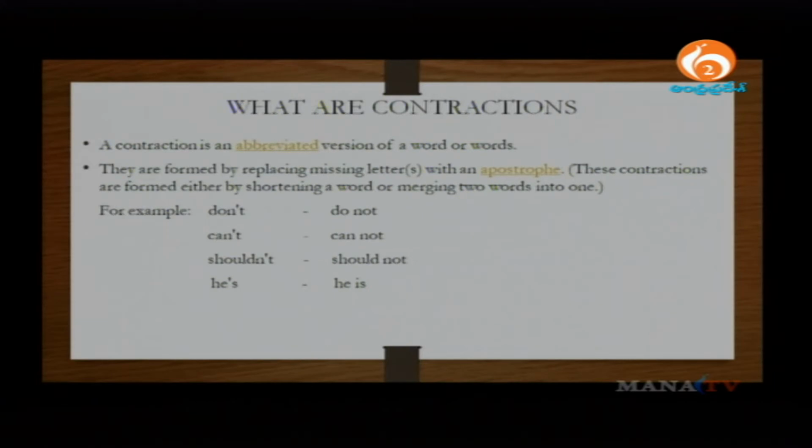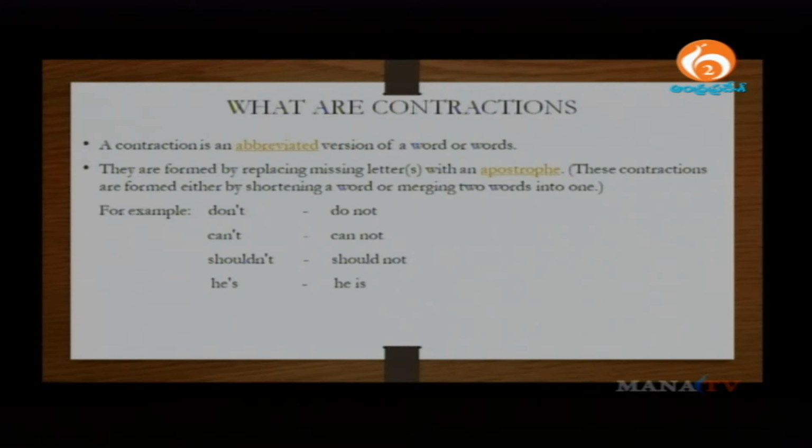Let us see the slide here. Wow, you have the exact meaning of it. The contraction is an abbreviated version of a word or words. They are formed by replacing missing letters with an apostrophe. These contractions are formed either by shortening a word or merging two words into one.